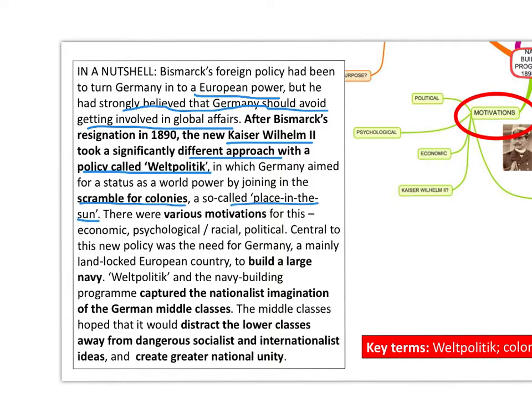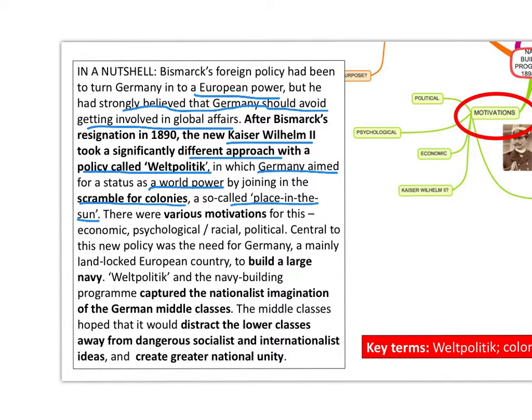That's the phrase the Kaiser gave in his speech. When he spoke of the place in the sun, obviously Africa is a very warm continent, so that's what he was referring to. Because it's all about Germany becoming a great power, a world power. So that's fundamentally different from Bismarck.